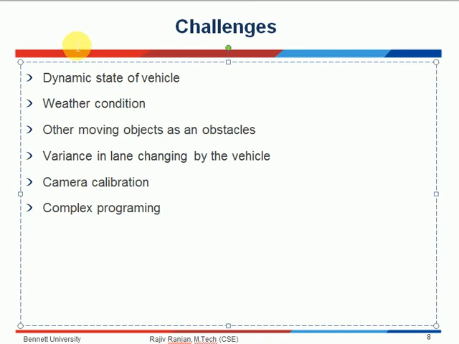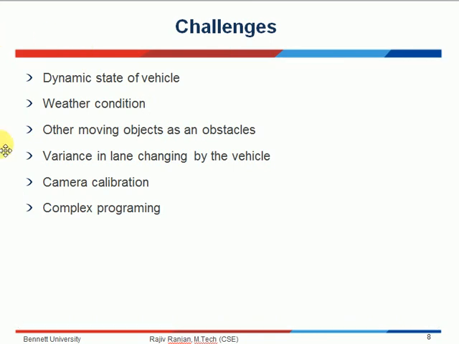Weather conditions disturb the pattern of this program, because it depends on the quality of the camera, so that we can capture the speed of the vehicle at night also, and in the rainy season also. The next is other moving objects as an obstacle. We have resolved it somewhat by putting a threshold value.